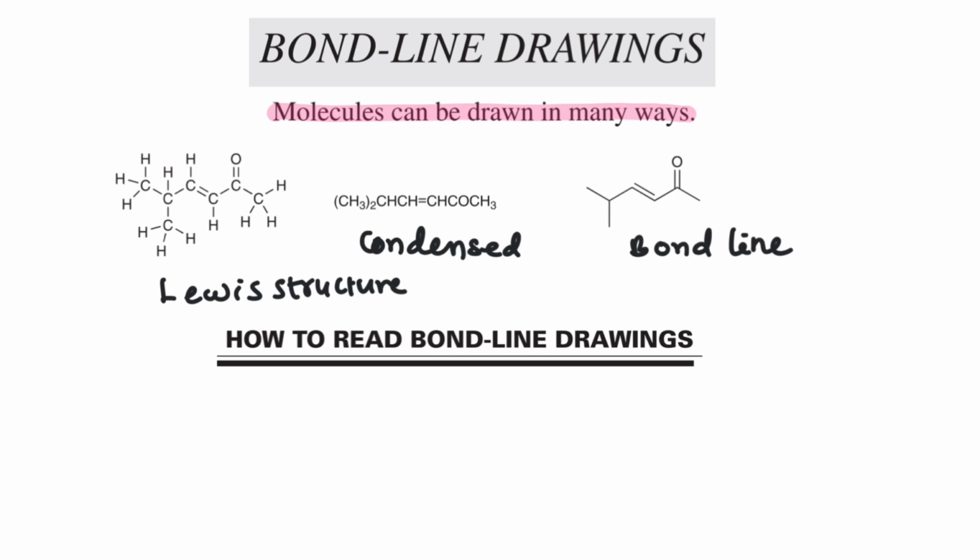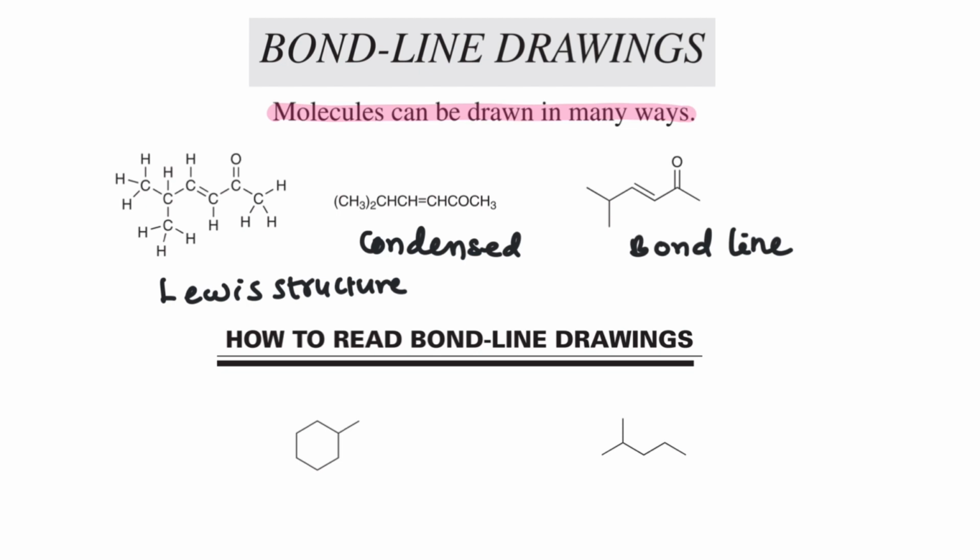Now, how do we read a bond line drawing? In bond line notation, all carbon atoms are connected to each other, known as the backbone of the molecule, and these are represented by a straight line or, in a cyclic structure, in a zigzag manner.